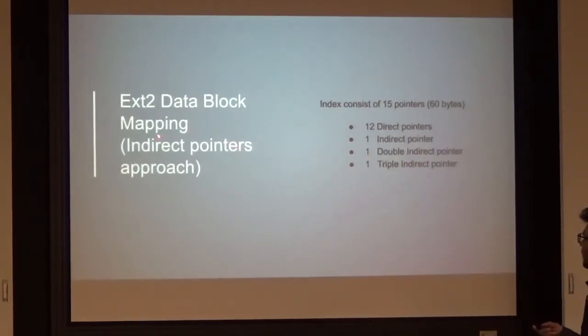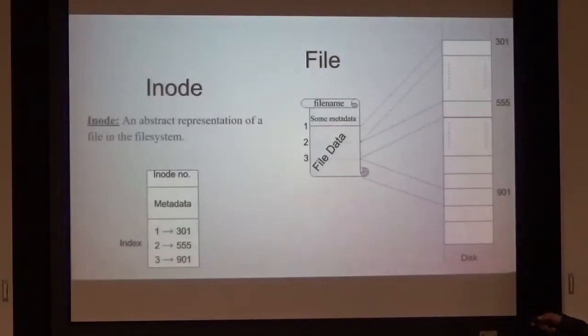So what Ext2 does is, for that indexing, usually we have very little space in the inode, because the inode contains some metadata, and this mapping has to take as little space as possible. Otherwise that inode would become a file, and we don't want that, right?